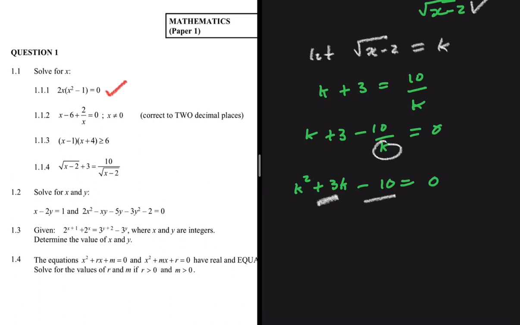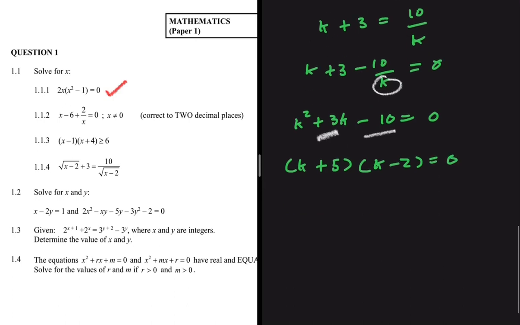Positive 5 and minus 2. So we have k plus 5 multiplied by k minus 2 being equal to 0. So k is equal to minus 5 or k is equal to 2.